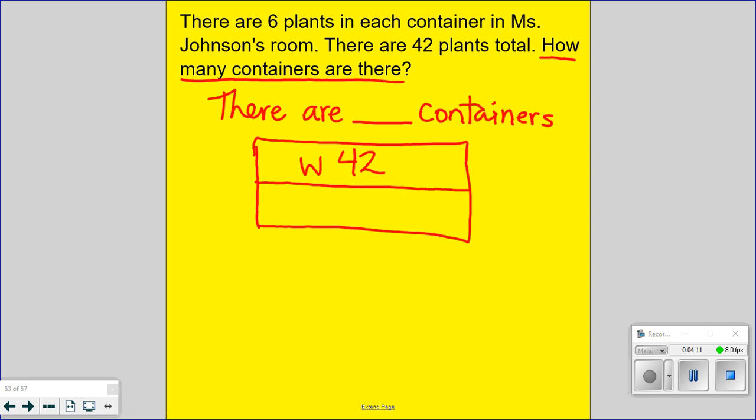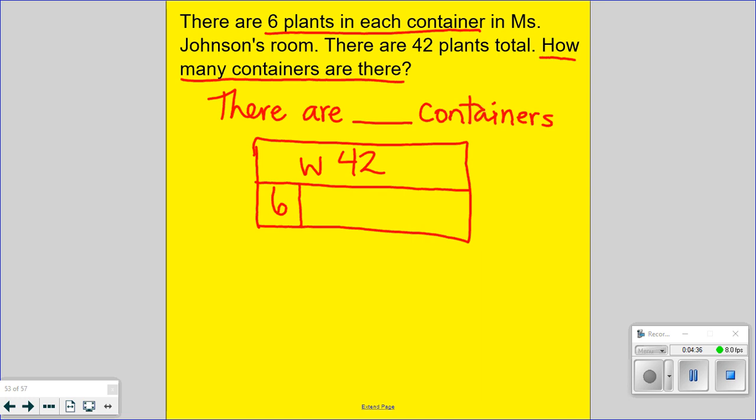Yeah. So let's go ahead and make a container. If I have one container, how many plants go in it? Colby? 6. We got that information right here.